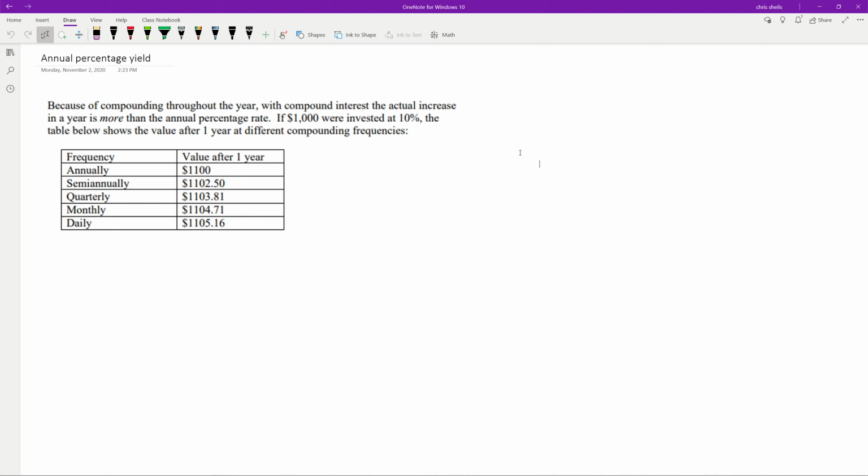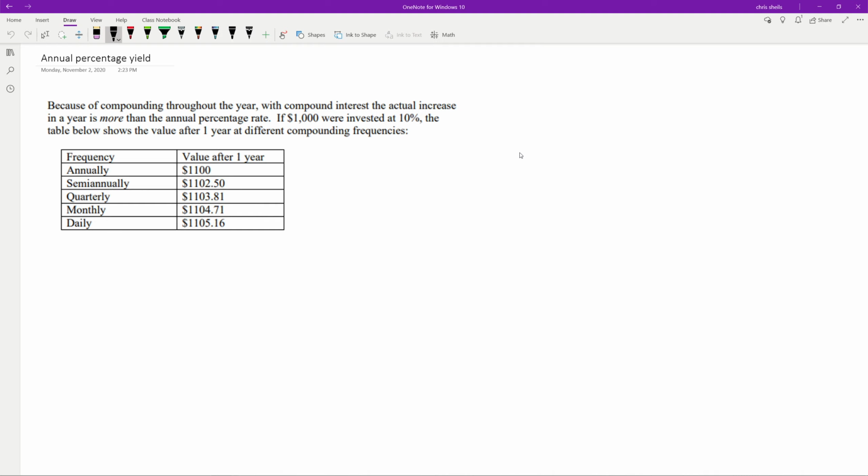Notice that as we compound more frequently, the amount of money increases. This is because with each step, you have more money in your account, right? So for instance, if you're accruing interest daily, then every day you have more money in your account, and the extra money that you have in your account is also accruing interest.